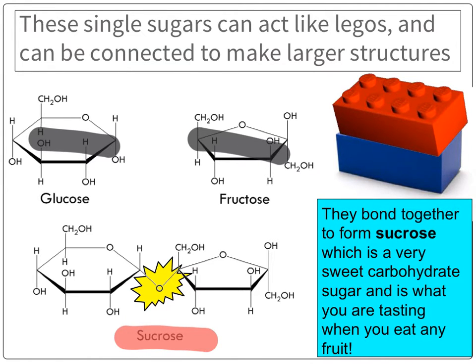So the glucose and the fructose will stick together, much like Legos do. The two monomers will stick together to make a new molecule called sucrose. And this form of the two monosaccharides stuck together is very sweet, and this is what you are tasting when you taste a sweet piece of fruit. It's actually sucrose that is in fruit.